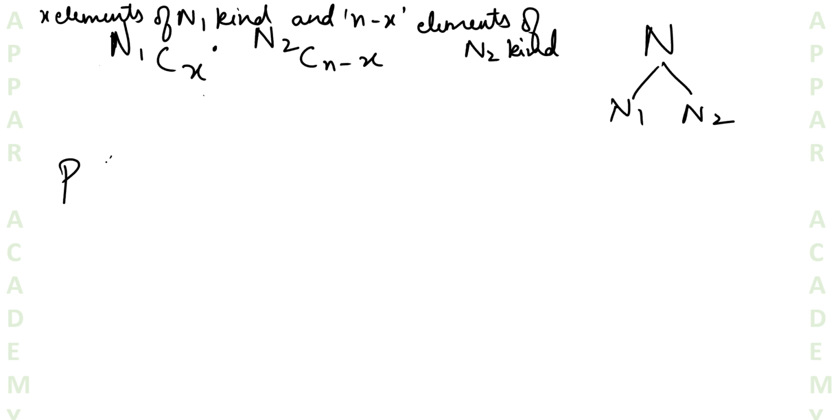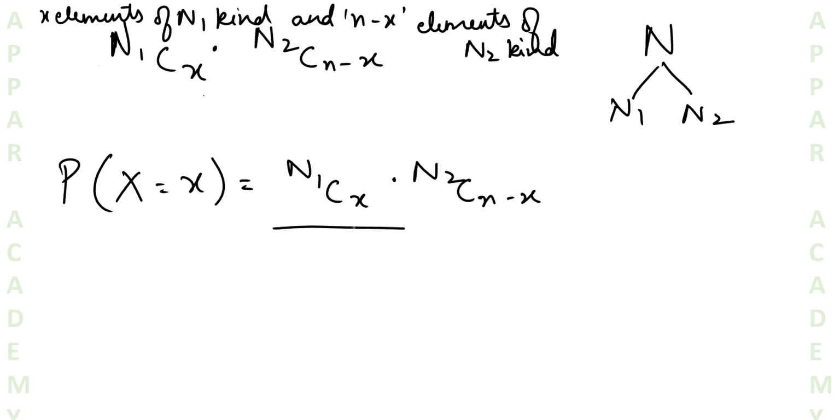So now this is given by this. Thus we can say that our probability of X equal to x is simply equal to the number of ways in which we can pick x elements from the n1 kind and n minus x elements of the n2 kind, divided by the total number of ways in which we can pick the n elements out of the capital N population size.